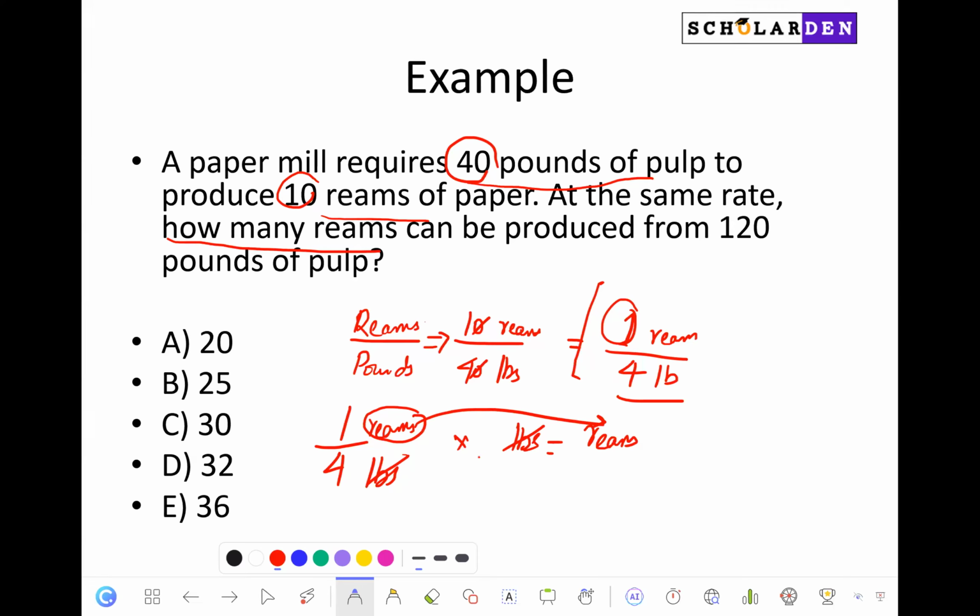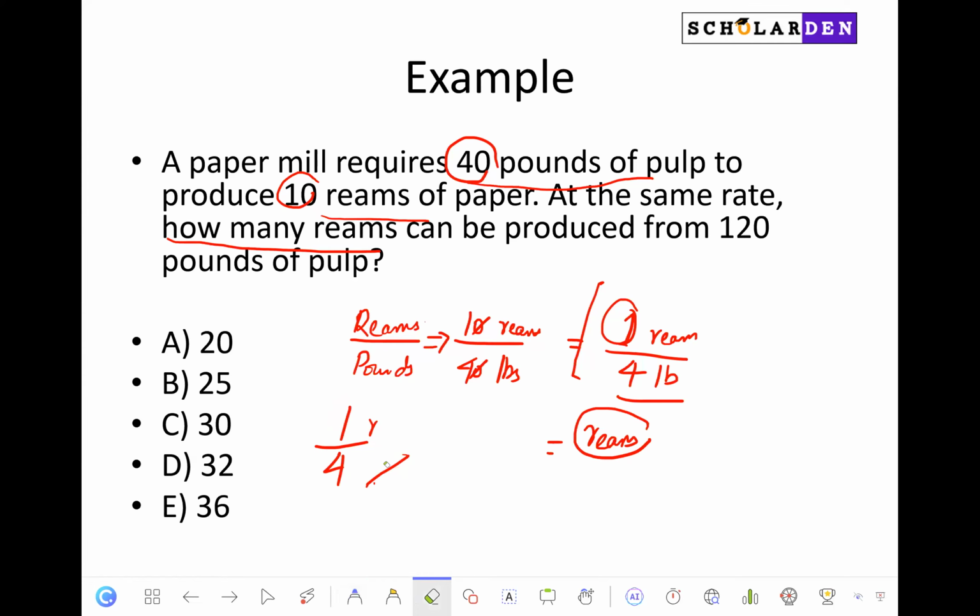This confirms that the quantity I'm supposed to multiply this rate by is something in weight. I'm supposed to multiply reams over pounds with weight, and that is going to leave only reams. That is why writing the units becomes very important when you're dealing with rates.